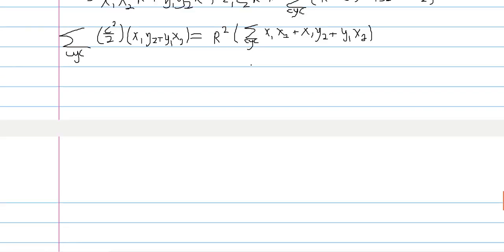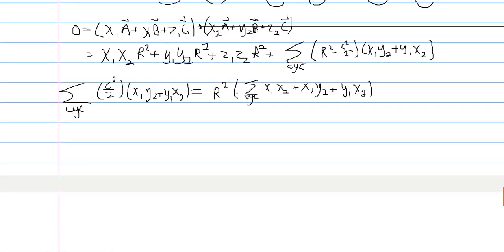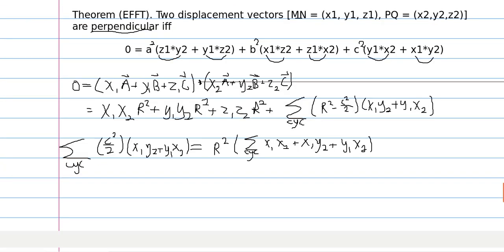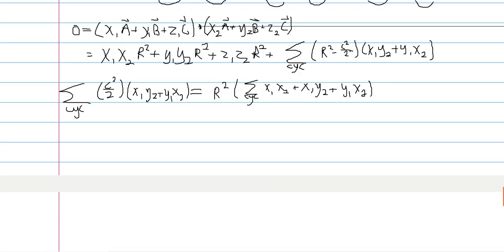And here we can use our key fact that the sum of the coordinates in a displacement vector is equal to 0. So notice we have these two terms that have a factor of x1. And if we factor it out, we get x2 plus y2. But x2 plus y2 plus z2 is equal to 0.